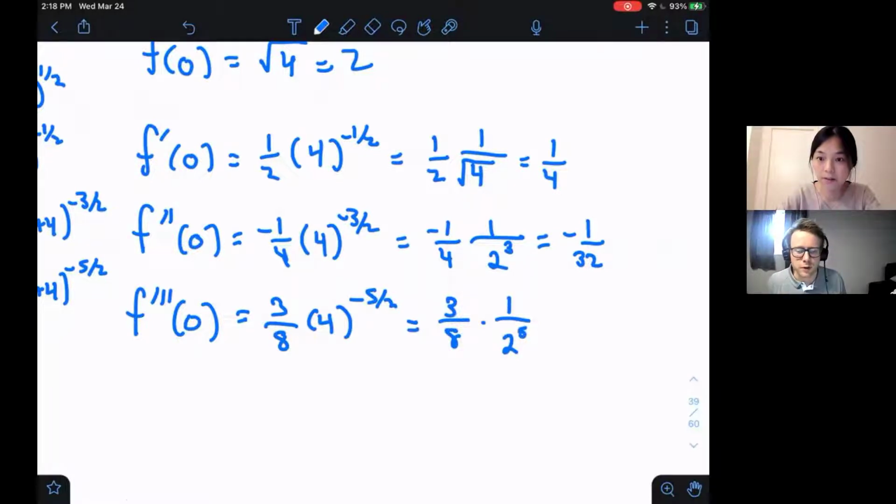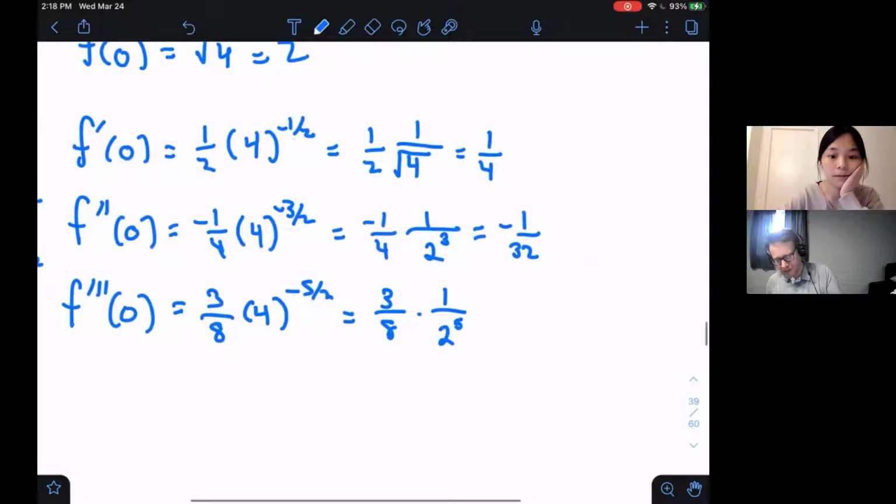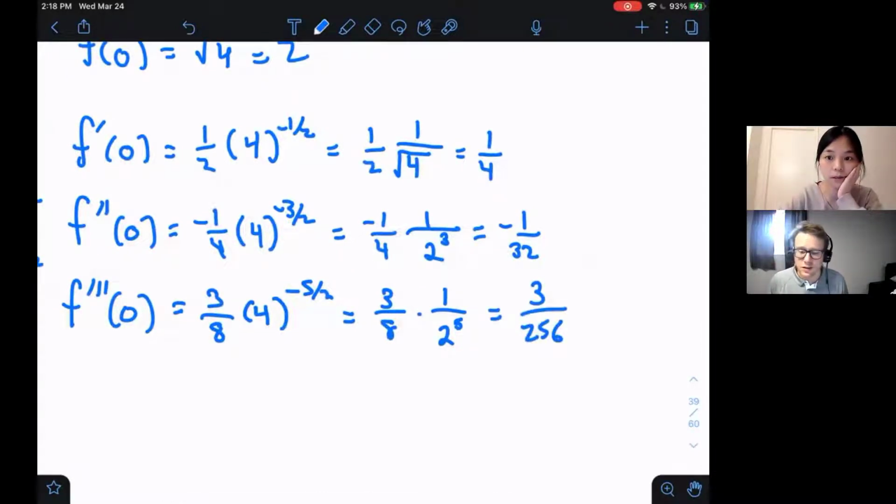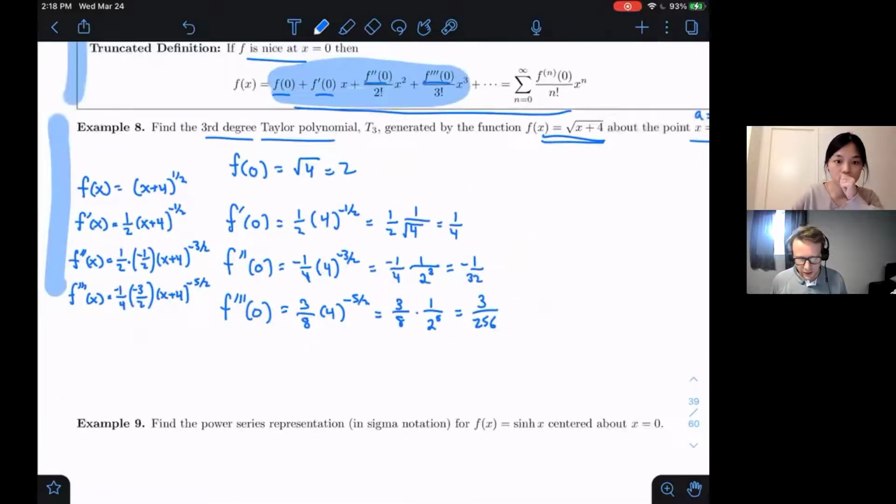Well, maybe computer scientists out there have all your powers of 2 down. This is going to be 32. Yeah, and then we need to multiply that by 3 more 2's, right? That's going to be our 8 there. So we need really 2 to the 8th power. And yeah, this is 256. Or of course, we just have our TI-30s. So you can, of course, use that as well.